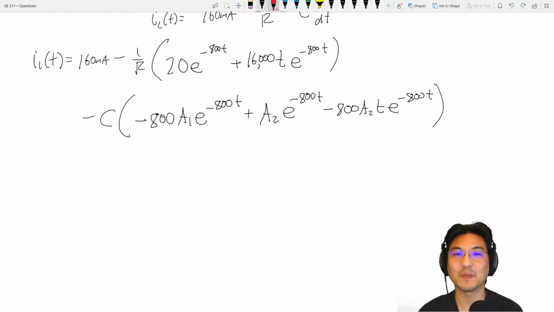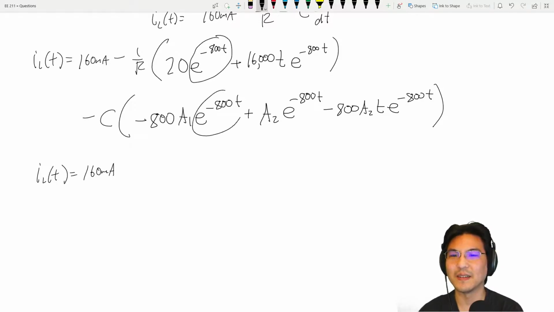Okay, so note this though. Let me gather like terms. Take a look at anything that has e to the minus 800t. These 3 terms. So let me gather those terms.